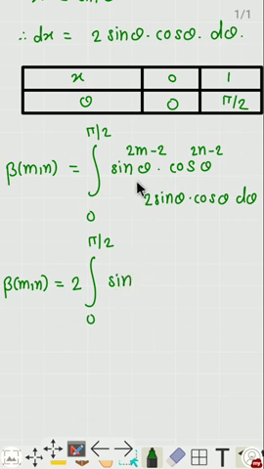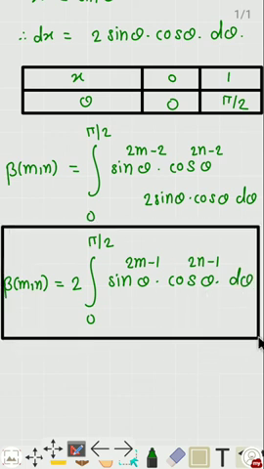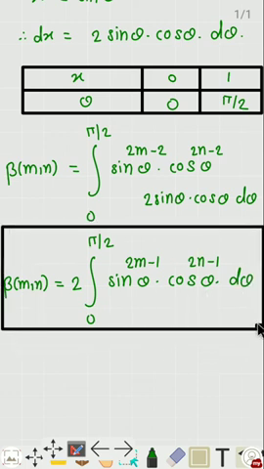Now the power of sine will be 2m minus 2 plus 1. Okay, so it will be 2m minus 1 theta into cos raised to 2n minus 1 theta d theta, and this is the second property of the beta function, and we have proved that second property.